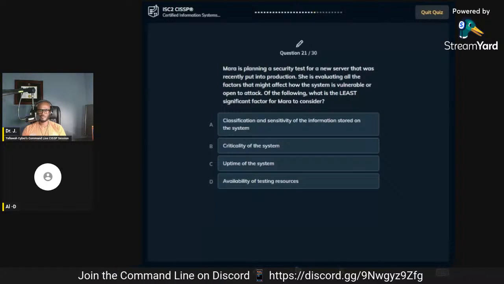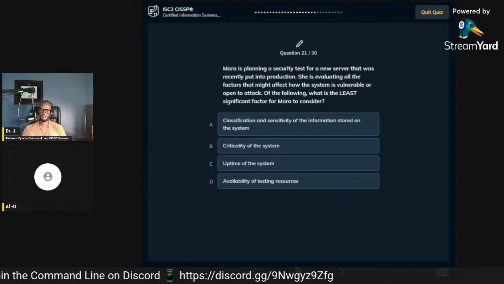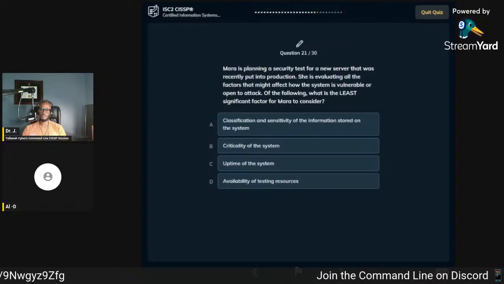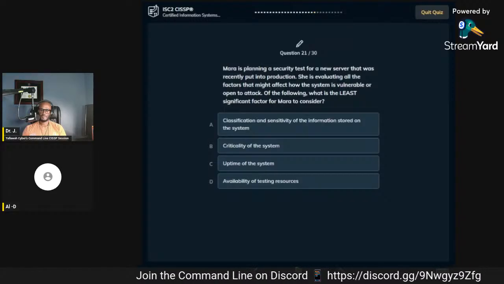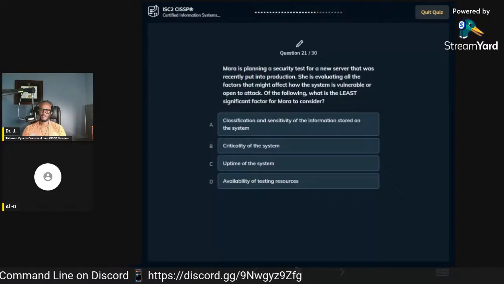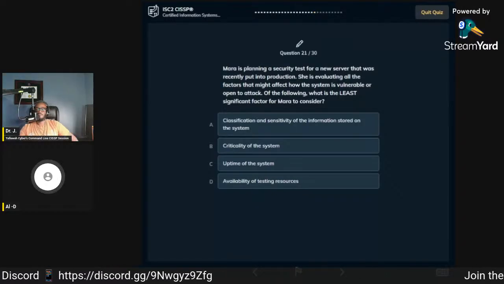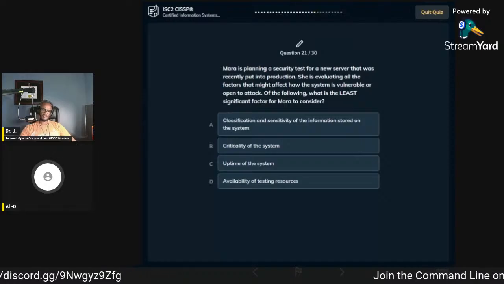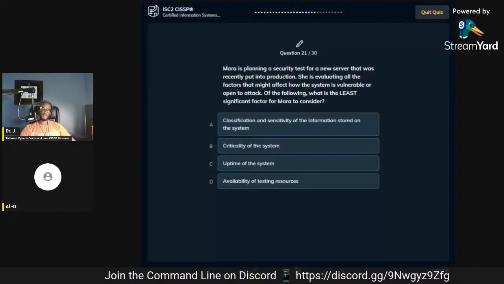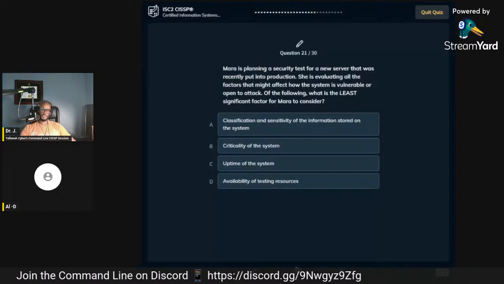So all right. Significant factors are criticality of the system, classification, sensitivity of the info stored on the system for sure, and uptime. So my question is this: which one would you rather take out, the confidentiality or availability? But they're saying it's not availability of the production; it's availability of the testing.